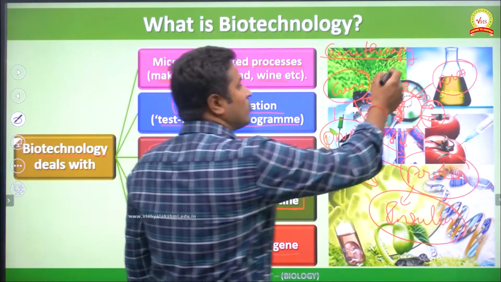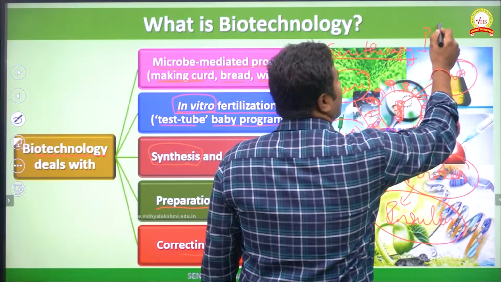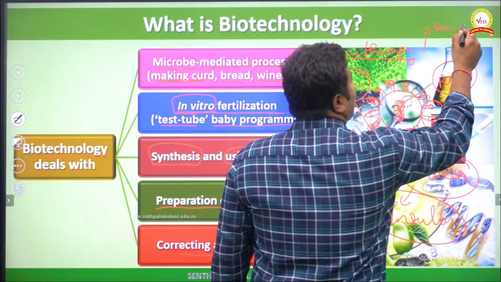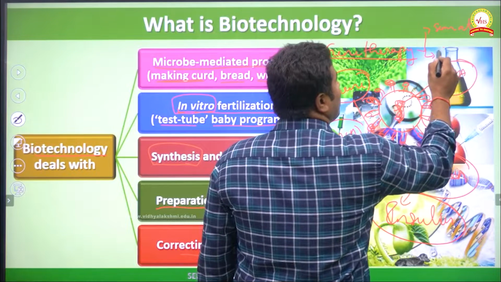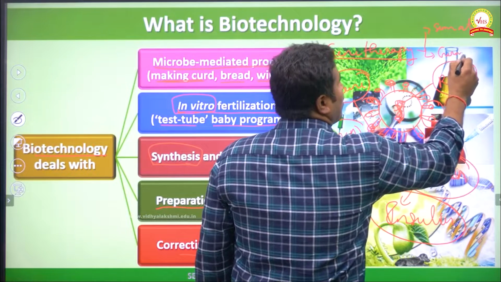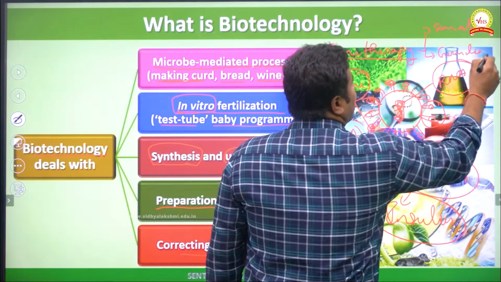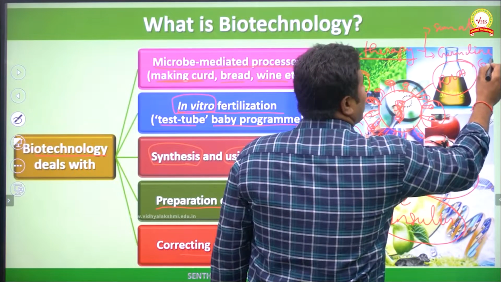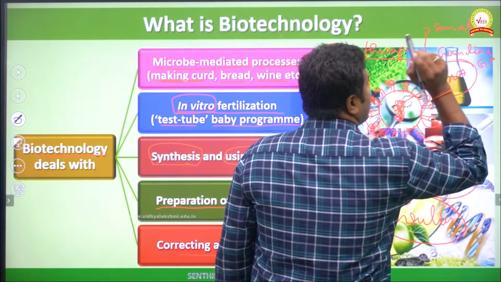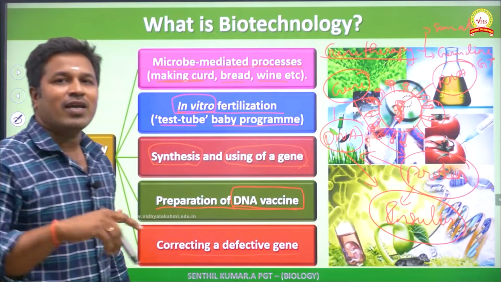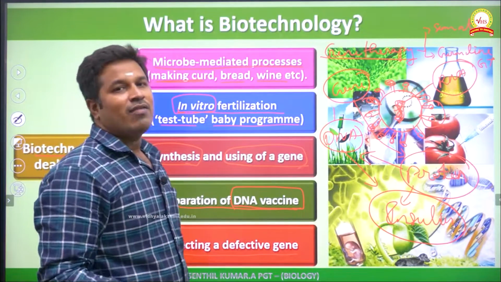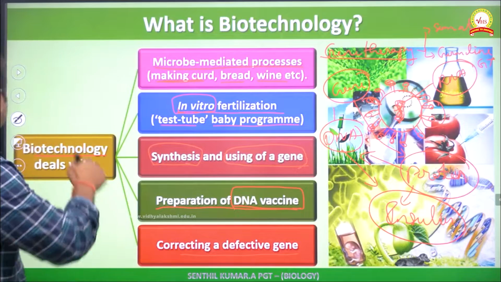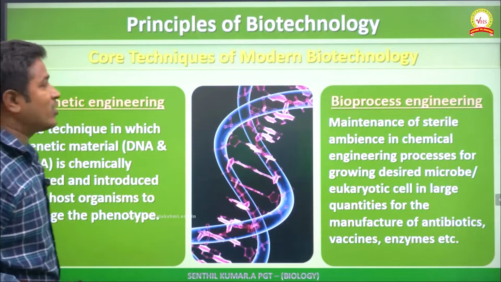It may be a somatic cell. Somatic cell gene therapy is there, and germline gene therapy. Just I'll put GT, gene therapy. Like that, there are two types of gene therapy, which we are going to discuss in the upcoming videos. Okay, so let us move to the next content.